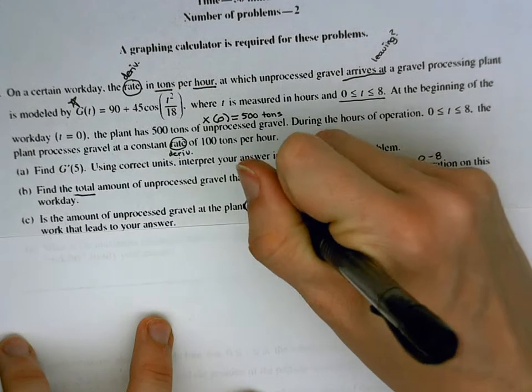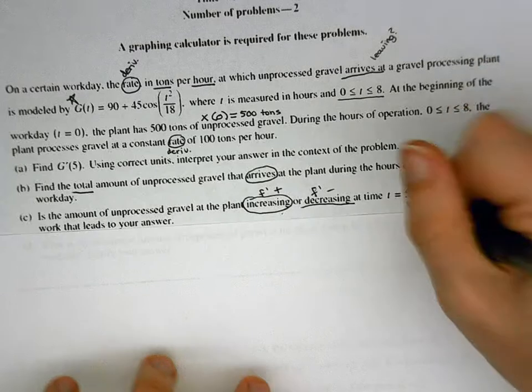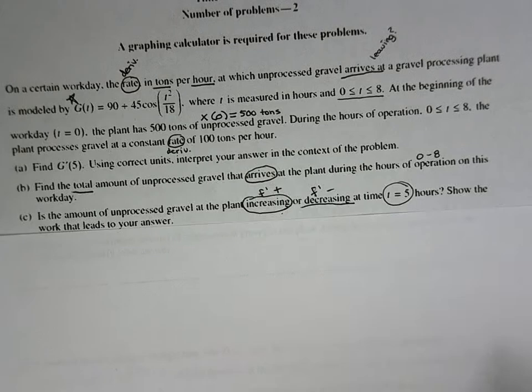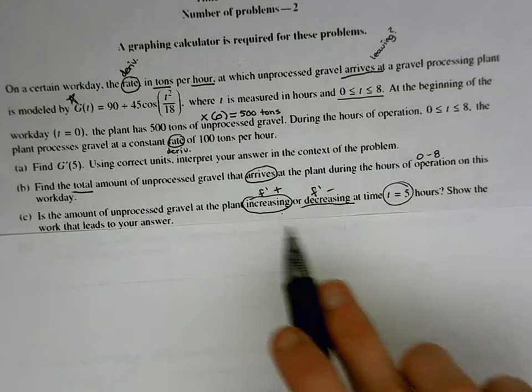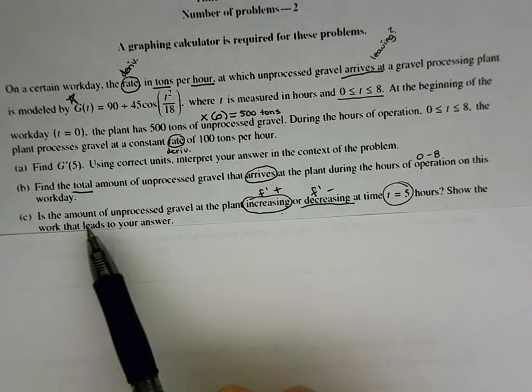My derivative positive would be increasing, my derivative negative would be decreasing. We're looking at time t equals 5. So to answer that, I need my derivative to be positive or negative. So what's my derivative? I can look, is it positive or negative? And again, remember, this is at the plant.